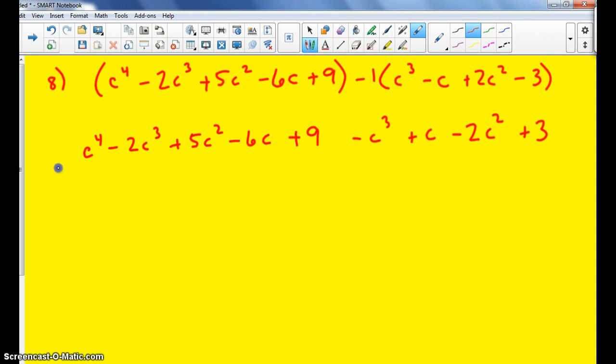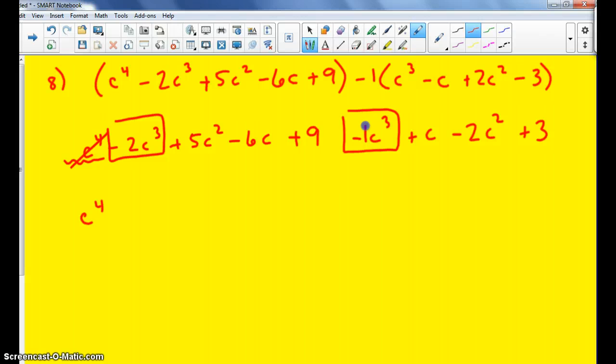At this step, what do I do? Combine like terms. Is there anything like c to the 4th? Nope, so I bring it down, and I'm going to mark it out. Then I'm going to go with my c cubes. I have negative 2c cubed, and what else? All right, negative c cubed. What number is here even though I don't see it? A 1. So please use your calculator. Yes, do it in your head, but check just to make sure you're right.